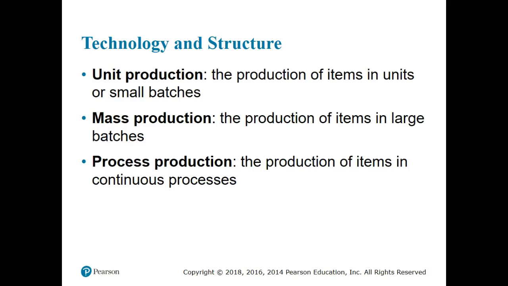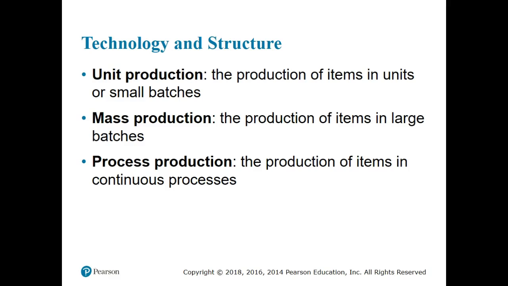So the initial research on technology's effect on structure can be traced to Joan Woodward, who studied small manufacturing firms in southern England to determine the extent to which structural design elements were related to organizational success. Now, she couldn't find any consistent pattern until she divided the firms into 3 distinct technologies that had increasing levels of complexity and sophistication.